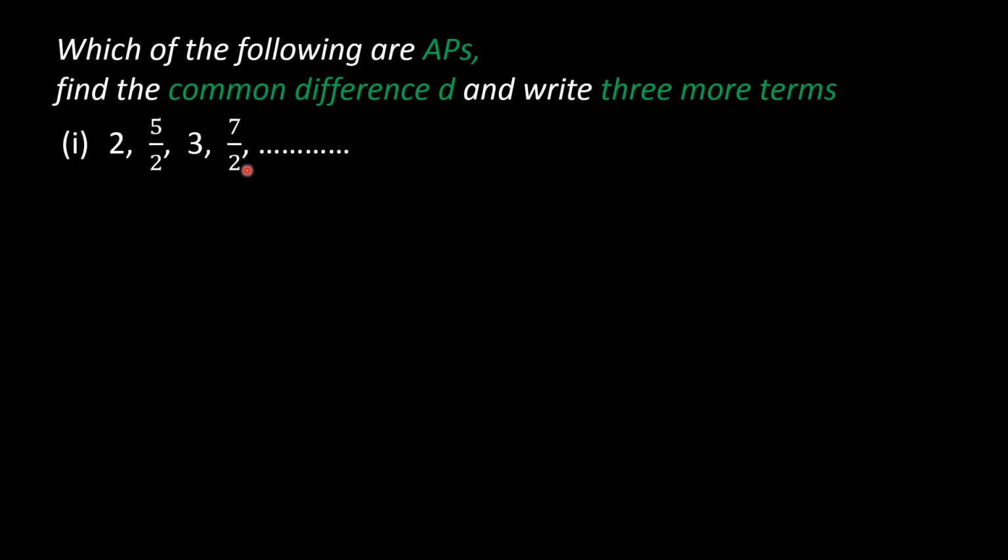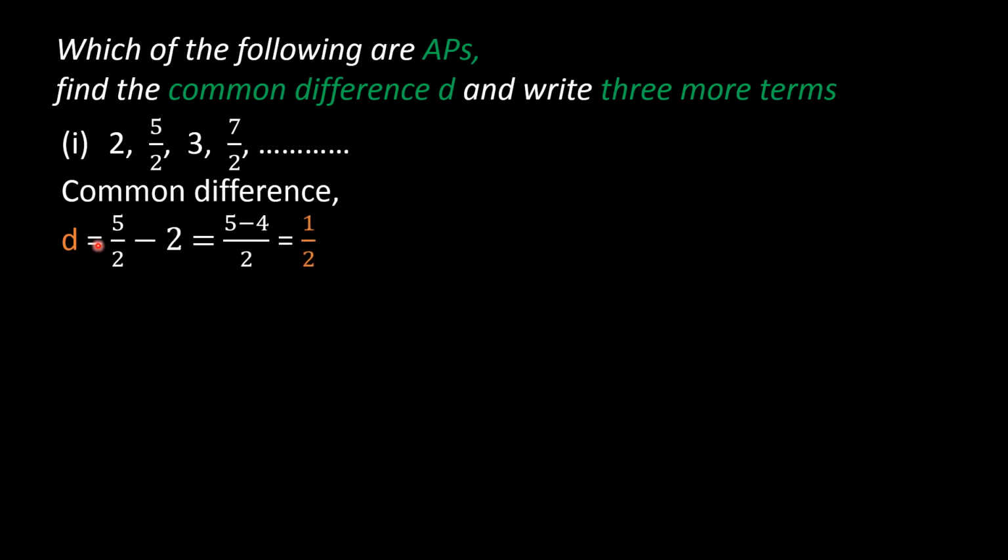In order to find the common difference, we will use these terms. So, we will use our first common difference by using the first and the second term. So, we have D equals 5 divided by 2 minus 2, which will be 5 minus 2 multiplied by 2 will be minus 4.